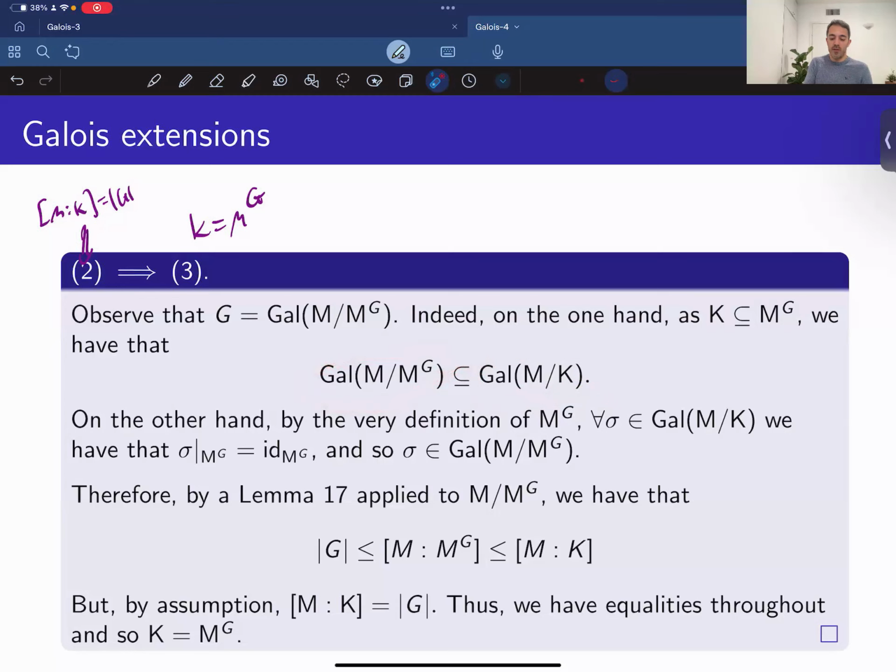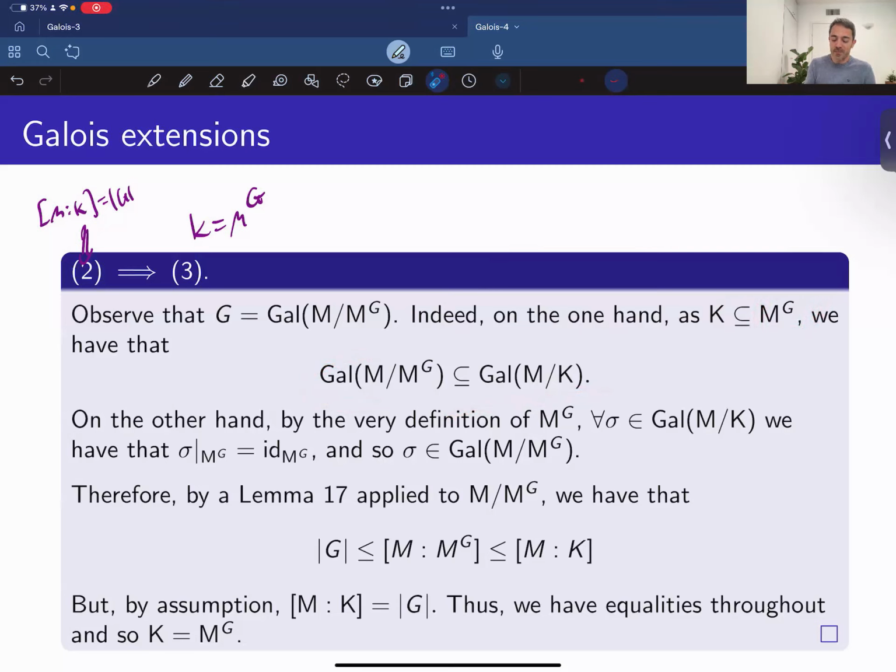You require those automorphisms to be identity on M^G, which is a larger field. So clearly, every automorphism here is here, because if you are identity on M^G, you are identity also on K, which is a subset of M^G. That's without using the definition of M^G, just because M^G is larger than K.